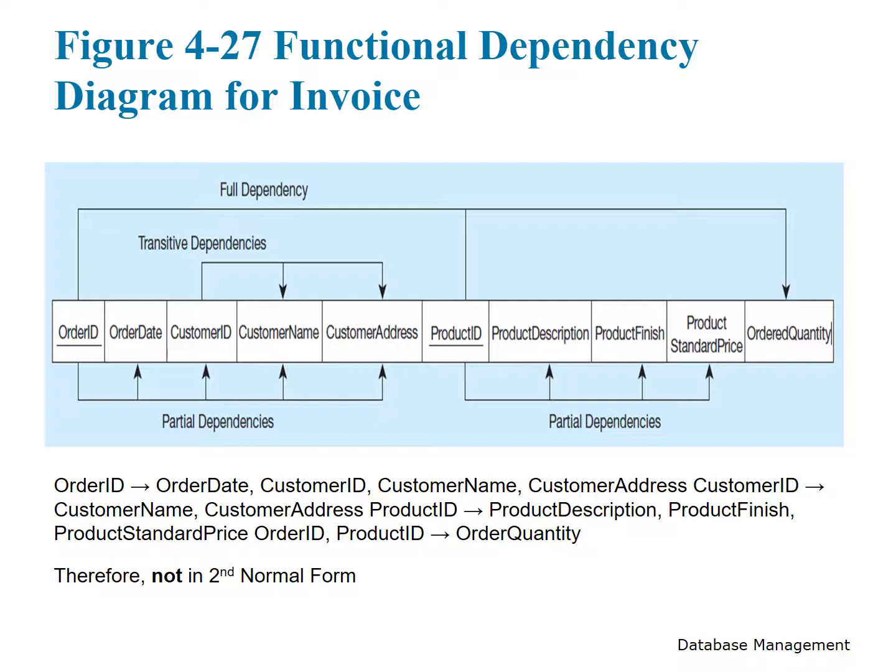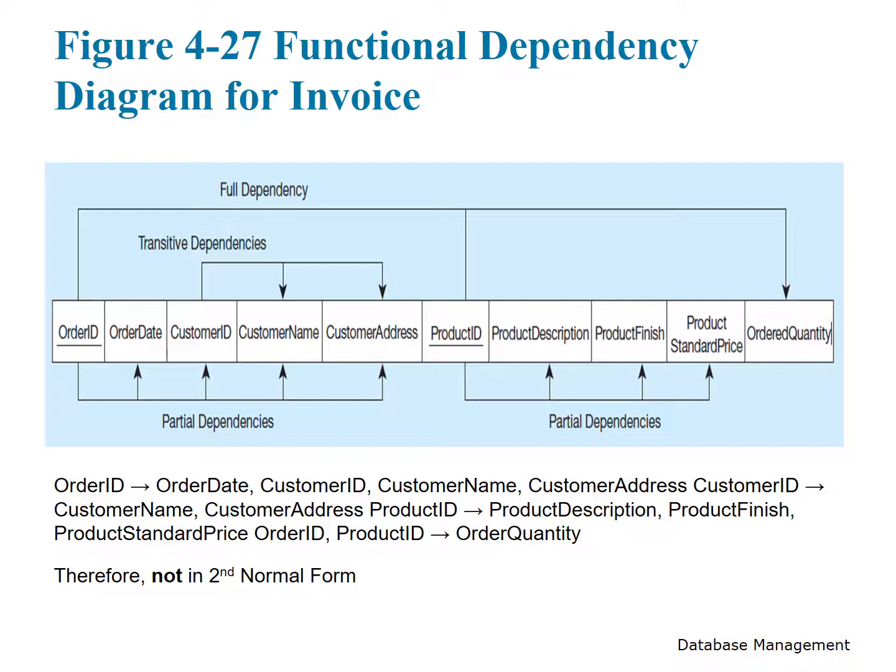So, figure 4-27, the functional dependency diagram for invoice. Order ID determines order date, customer ID, customer name, and customer address.